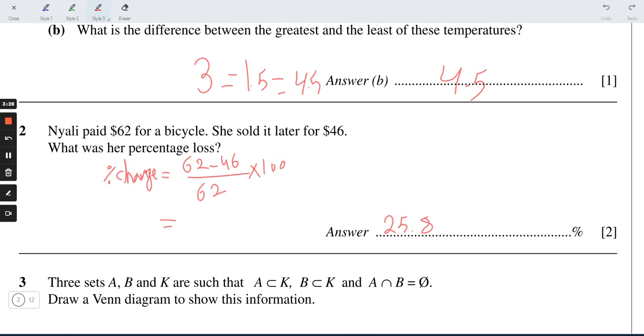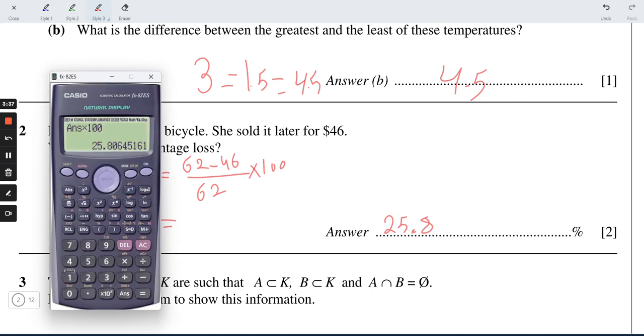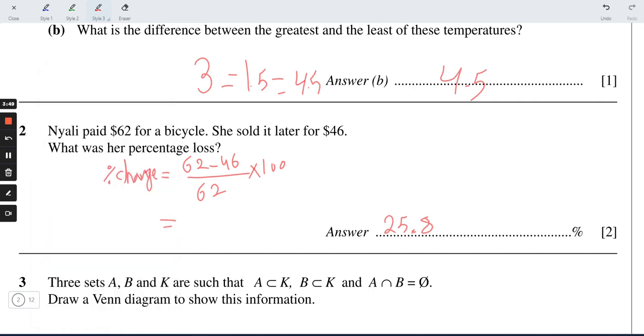We round it to three significant figures: 25.8%. The third significant figure is 8, beside it is 0, which is less than 5, so we cannot add 1 to it.